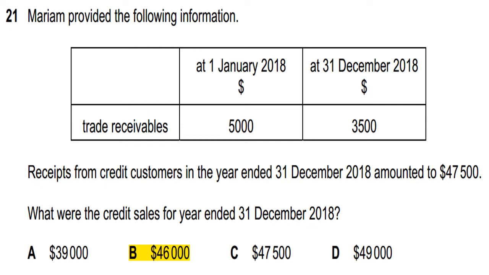Receipts from the credit customers in the year ended 31st December 2018 amounted to $47,500. What were the credit sales for the year ended 31st December 2018? The correct option is B, 46,000. We will see how in the next slide.